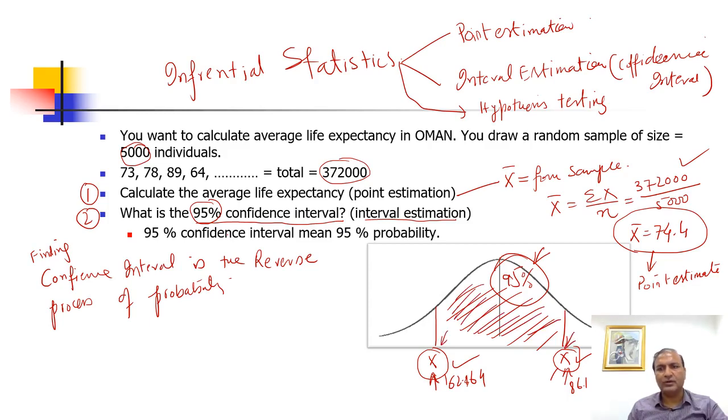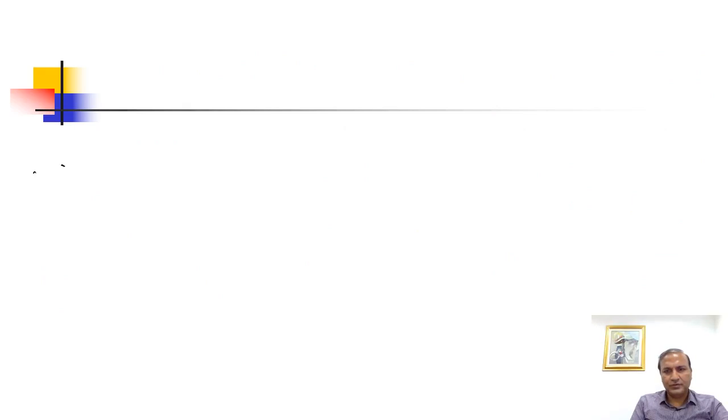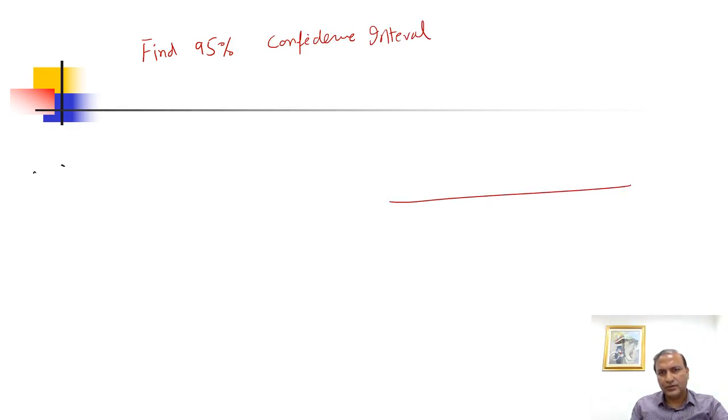I will show you how to find those x values, which is called the confidence interval. Now I will show you the reverse process. So we have to find the 95% confidence interval. How do we find it? Let me show you in the diagram.